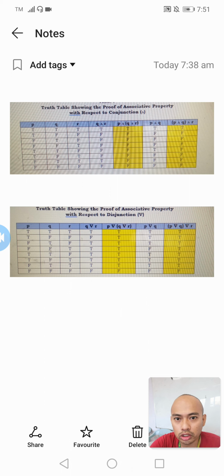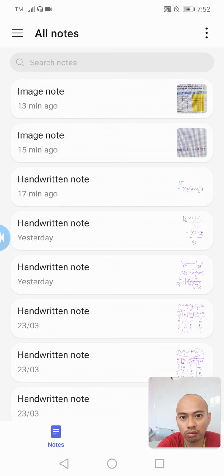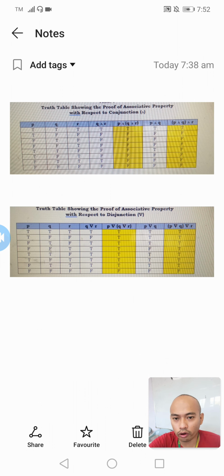The upper table is the truth table under the conjunction operation, while the table below is the truth table under the disjunction operation. Since we presented disjunction as the first case, we will be concentrating on the table below. We are trying to prove that the statement P or the quantity Q or R is equivalent to the quantity P or Q or R.